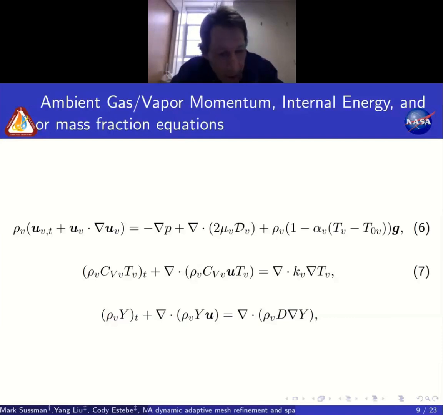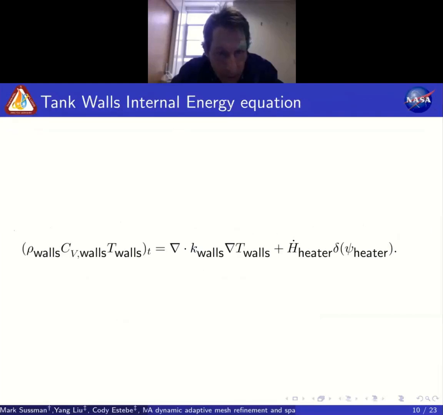Some people call that hp refinement: h refinement is where we let the grid size get smaller where needed, and p refinement is where we can vary the order of accuracy.